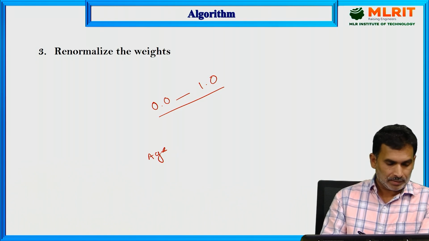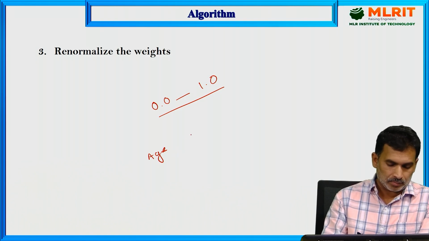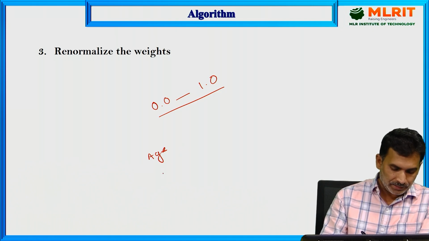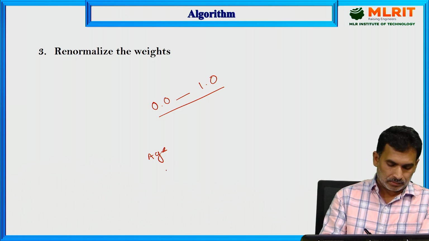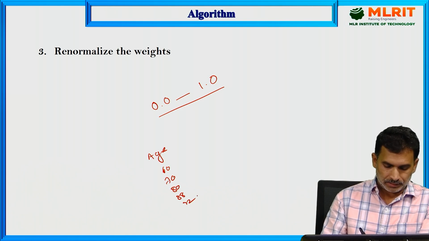Mostly we represent it using 3 digits, like 100 years, if a person lives 100 years; else a 2-digit number. Suppose some 60, 70, 80, 88, 92, like this.